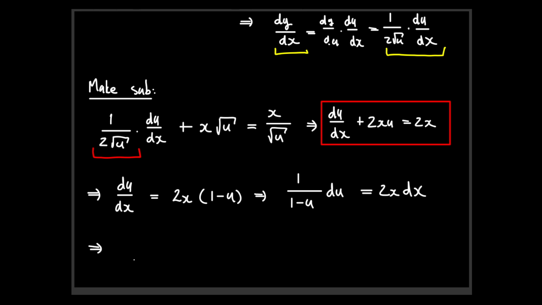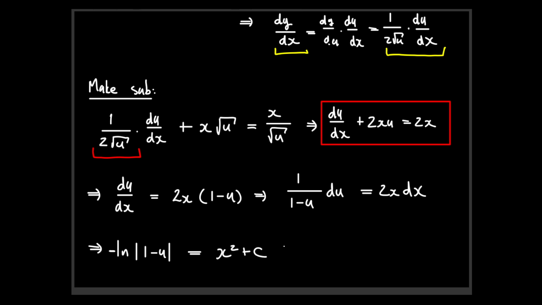And here we get natural log. Okay, we have to be a little bit careful here. We're integrating this, and remember there's a negative u here. So the integral here is just going to be natural log absolute value 1 minus u, and that must be equal to negative x squared plus c. Sorry, I forgot the negative again.